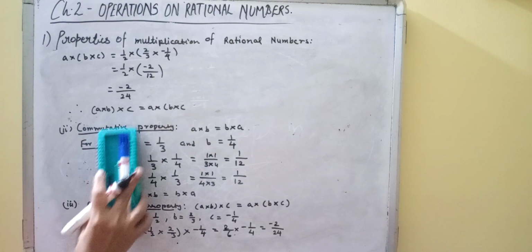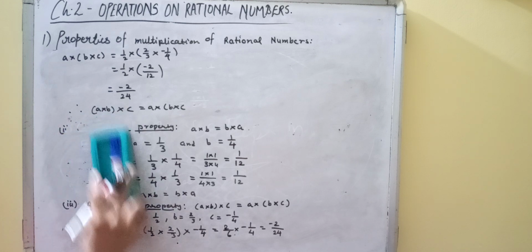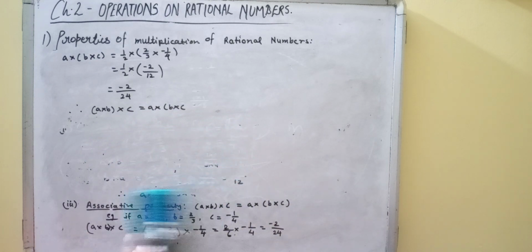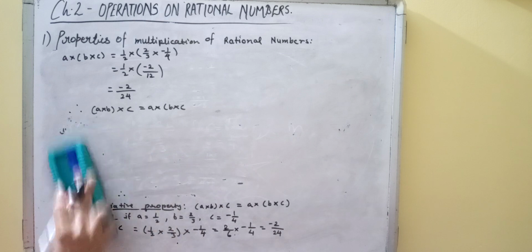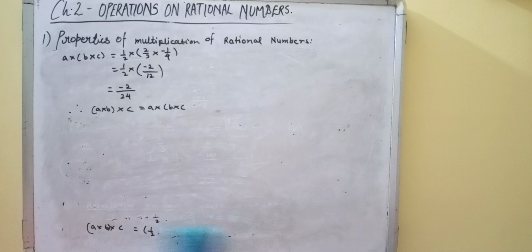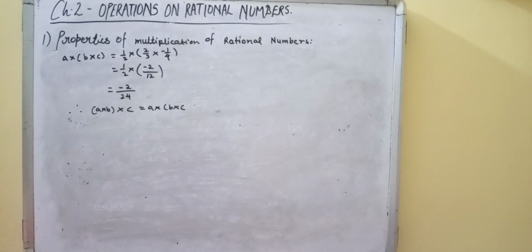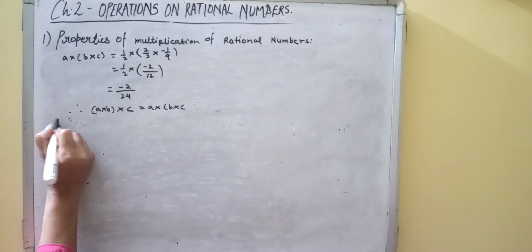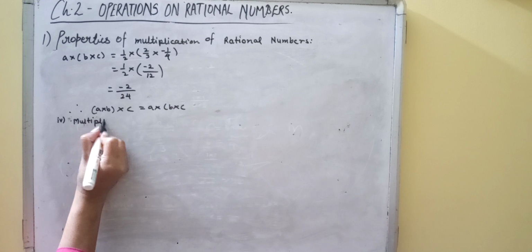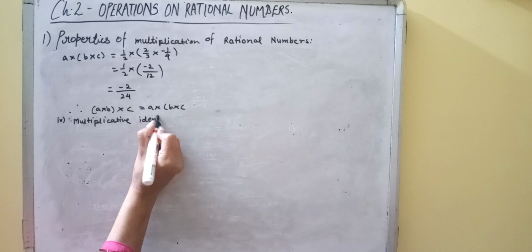Now the next property is multiplicative identity. So the fourth property is multiplicative identity.